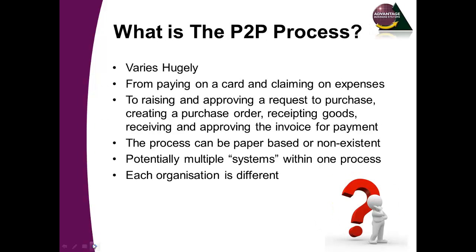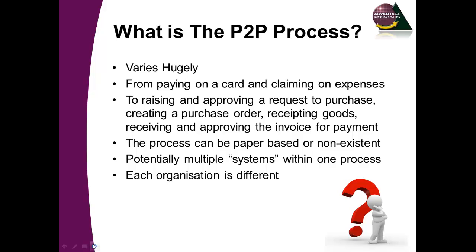So what is the P2P process? Well, it varies hugely between organisations. Some people just pay for things on a credit card and claim that back on their expenses, and there's not really any approval required around that purchase apart from when the expense claim is being approved. Other organisations have a much tighter control on any spend, and they may have approval of requests to purchase something or of purchase orders. Then they may want to receipt the goods against those orders and potentially even send that invoice that's matched to the receipt and to the purchase order for approval for them being paid.